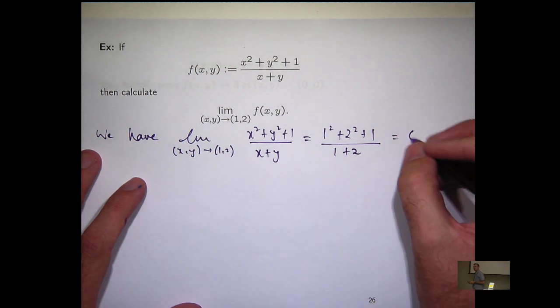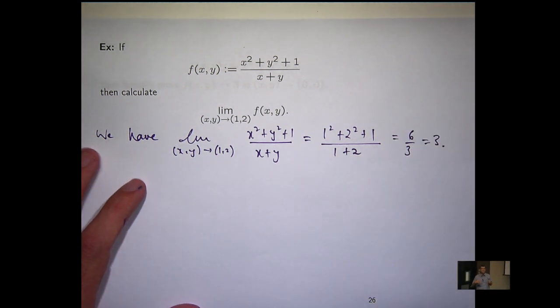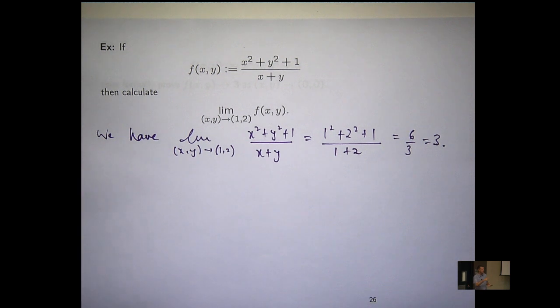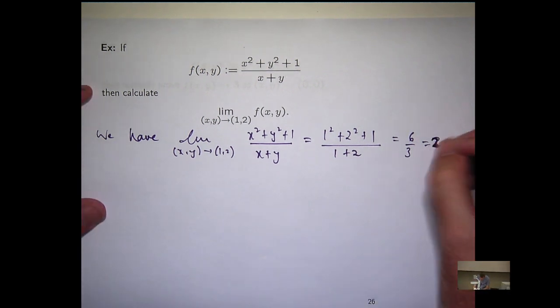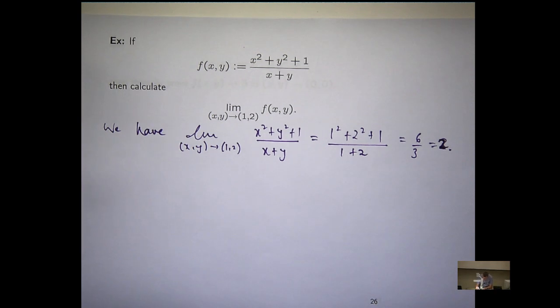So I'm going to get 6 on 3. Apologies, I do know how to divide. That was an easy question, assuming you can divide. Because the limit of the top was some finite number, the limit of the bottom was some finite non-zero number, you can just sort it out.